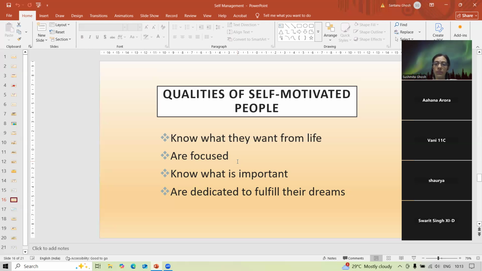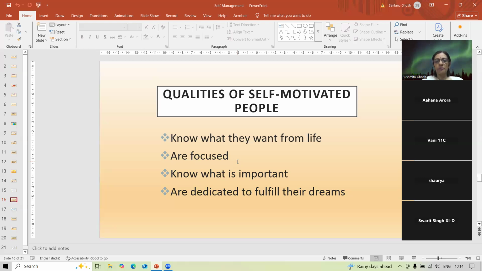So know what they want from life, very focused, know what's important. They should know where to invest their time, invest their energy, invest their thought process, which is very, very important nowadays.